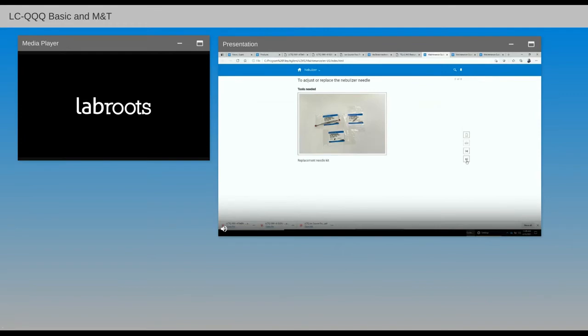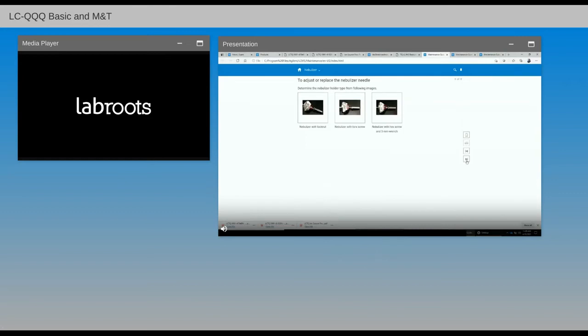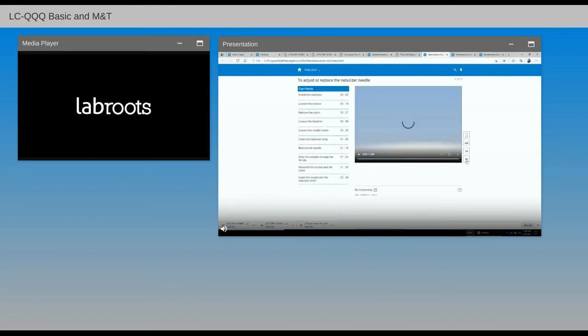A picture of it, gloves, the images of the lock nut, and also a quick video on this. So it's really a nice resource to have on your PC itself, so that if you need reference, you can come here to have a look. Just going to show this for another 10 seconds.